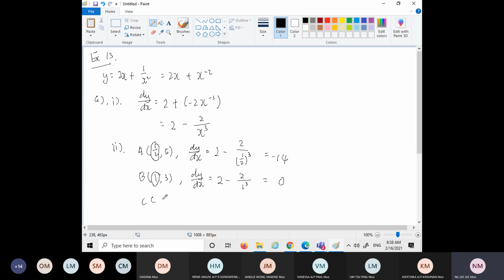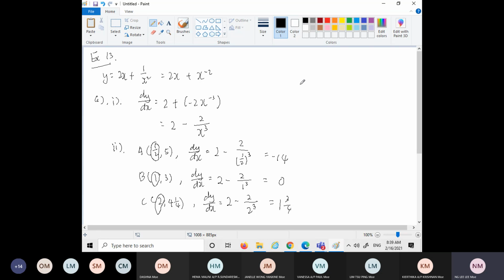Now we come to point C. Point C is (2, 4 1/4). Same thing, dy/dx is 2 minus 2 over x cubed, x now is 2, so 2 to the power 3. So the answer is 1 3/4. So this is for part A.